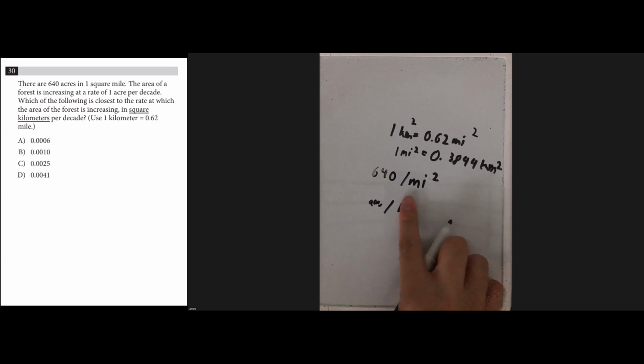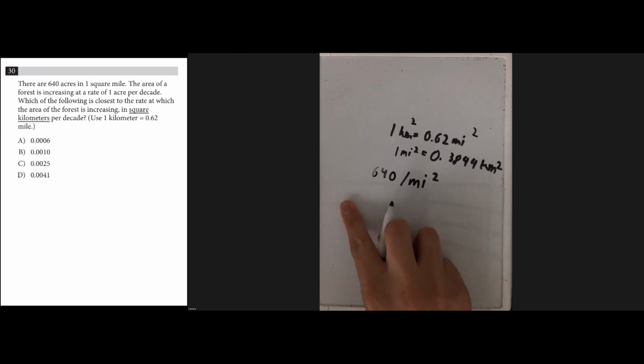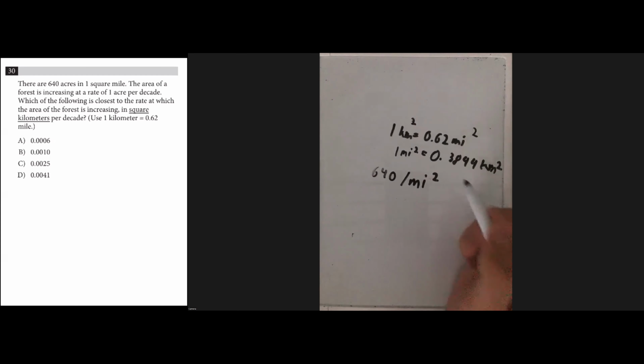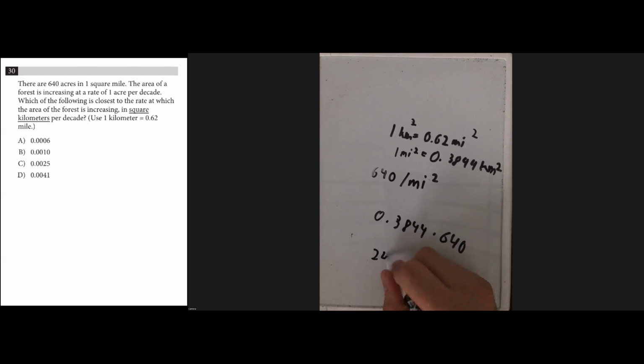And then, now that you have that translation, you can just plug that in. You do 0.3844 kilometers times 640, because that's the number of acres in 1 mile, which would get you 246.016.